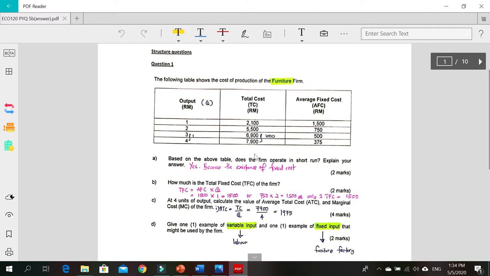Formula for ATC ataupun AC adalah TC bahagi Q. So masa 4, TC adalah 7,900 bahagi dengan 4, equals 1,975.